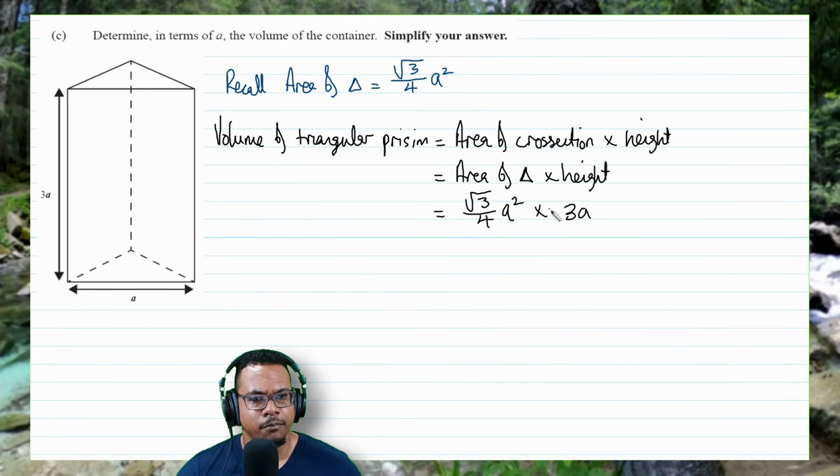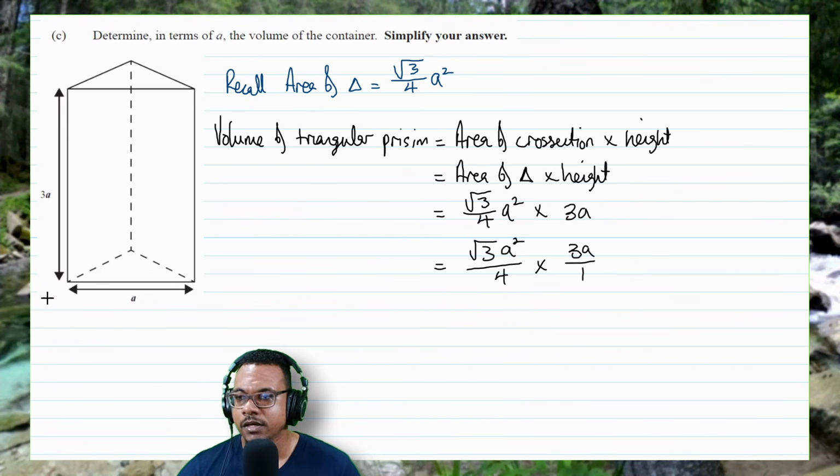All right, so now just multiply this up. What we could do is bring this a squared back on top, in the numerator. So we could write this as square root of 3 times a squared over 4, and then multiply by the 3a. We could just write that over 1, so 3a over 1. Now we multiply across. We multiply 3 by square root of 3, and the a by a squared.